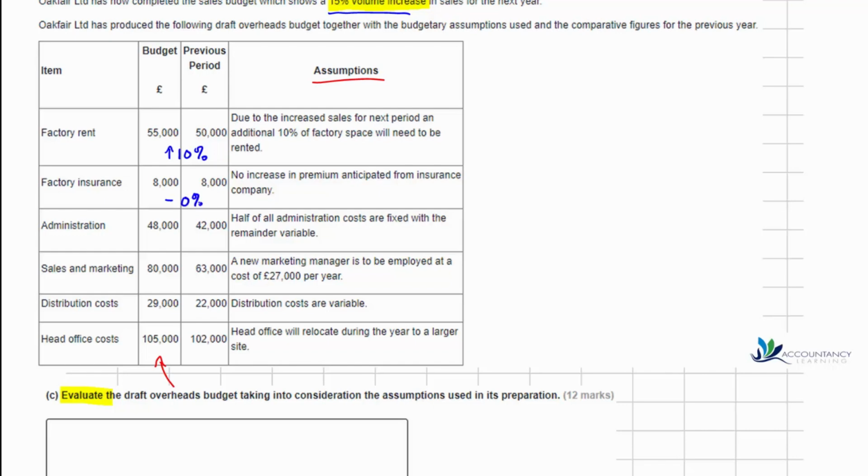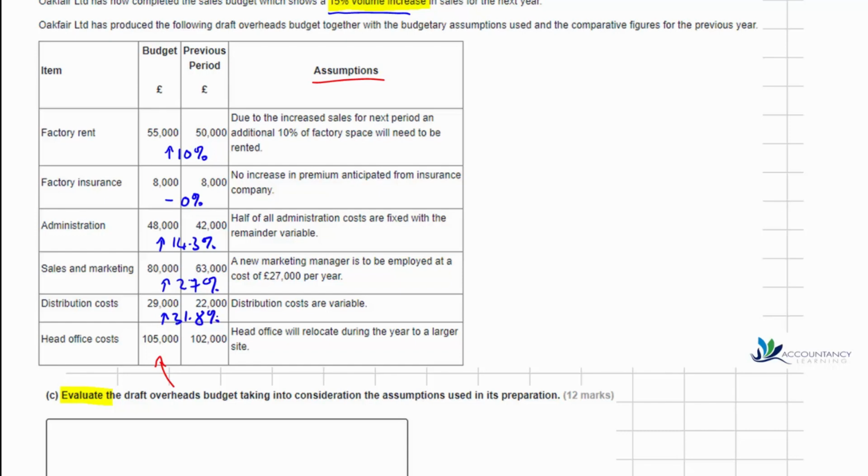For administration, so we take the 48 and divide by 42, so we can see we've got a 14.3% increase. For sales and marketing, so we have 80 divided by 63, so we have an increase here of 27%. For distribution costs, we have 29 divided by 22, so we have an increase here of 31.8%.